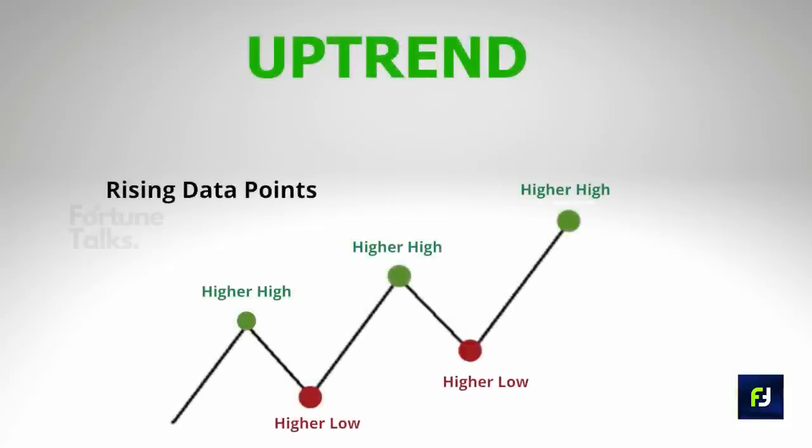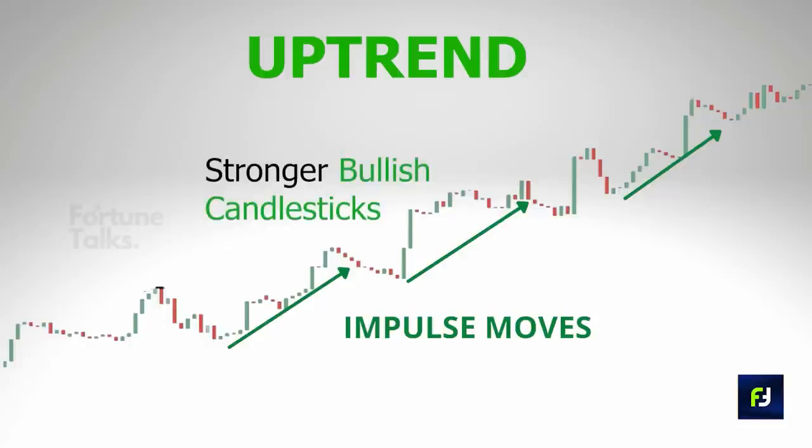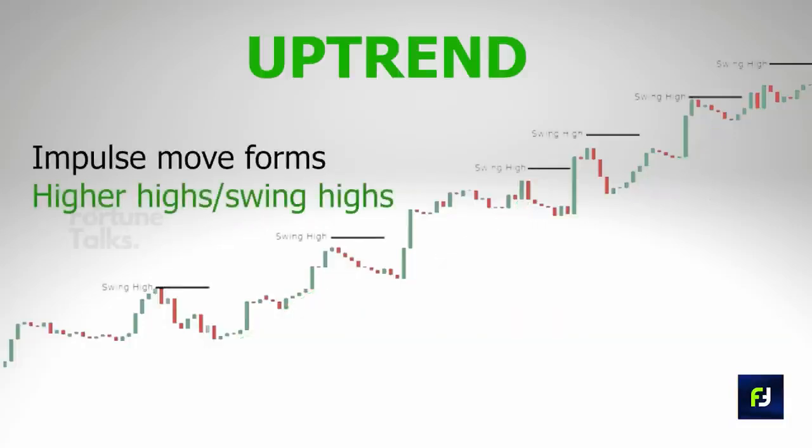line for analysis. By definition, uptrends are marked by rising data points, such as higher swing highs and higher swing lows. So here the price moves up in such a way that the swings also move up, making a recognizable pattern. During an uptrend, the impulse move is a strong up move with a series of strong bullish candles which forms a higher price than the previously formed high.